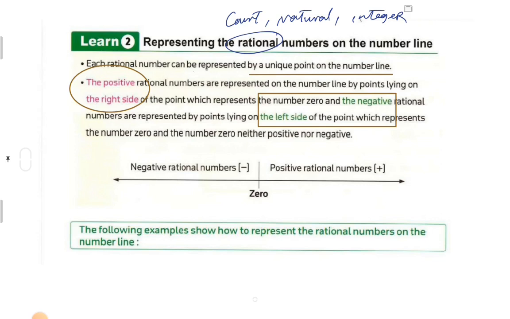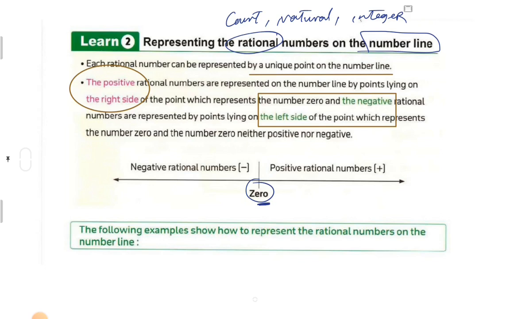To represent rational number on the number line, this line, okay, we have three points to start with. Number 1, put 0. Just draw the line and put 0 in the middle of this line.